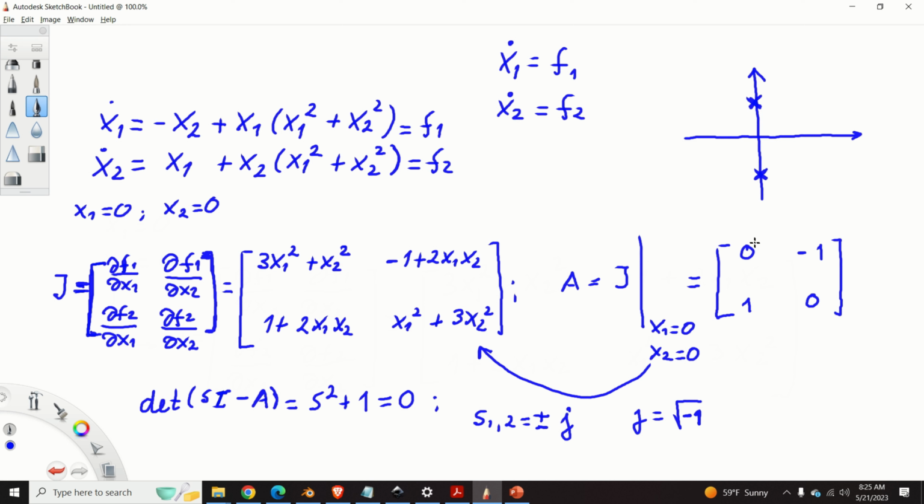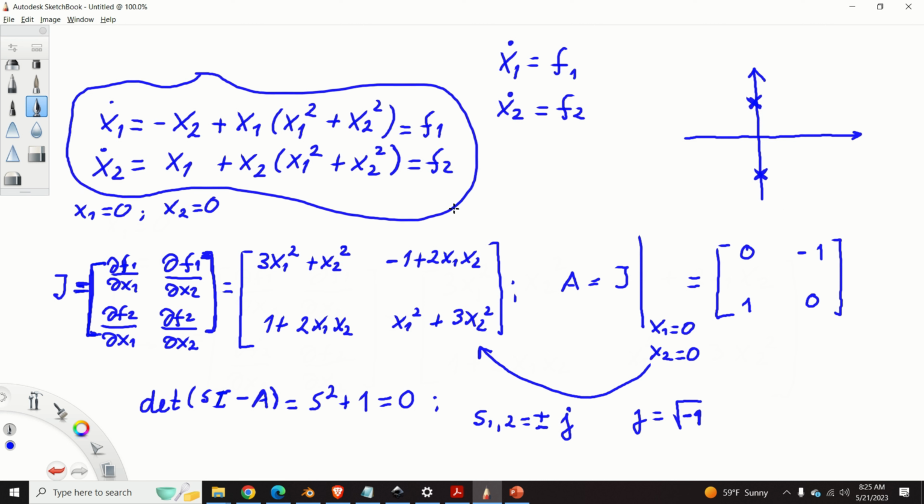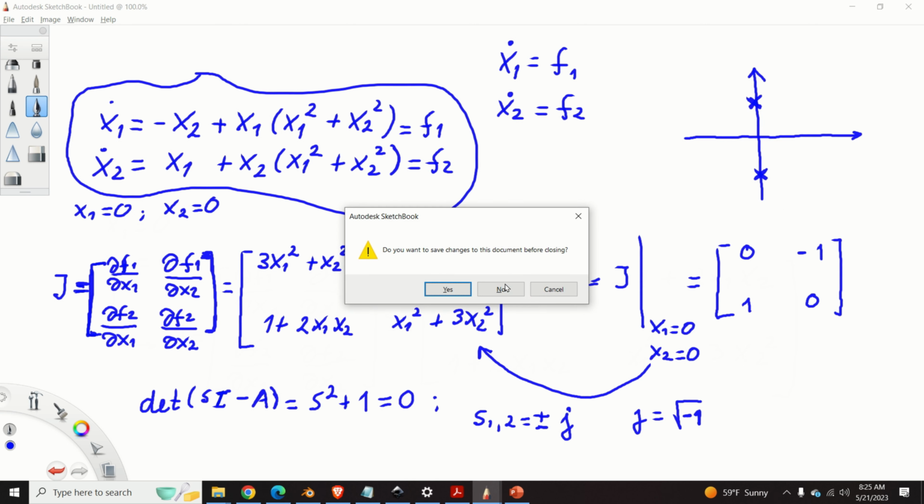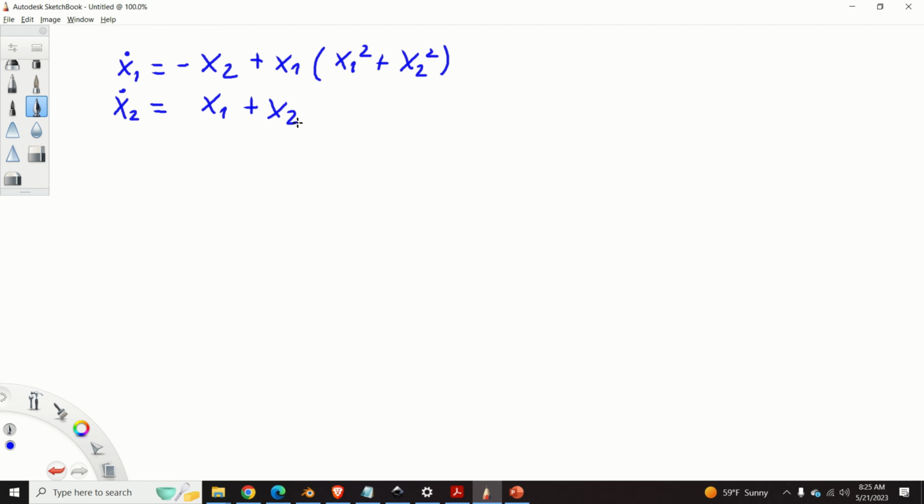Now, in the sequel, I will demonstrate to you that the original system is actually unstable. To do that, I need to erase this window, and for clarity, I will write my nonlinear system once more over here. I have x1 dot is minus x2 plus x1 times (x1 squared plus x2 squared). x2 dot is x1 plus x2 times (x1 squared plus x2 squared).